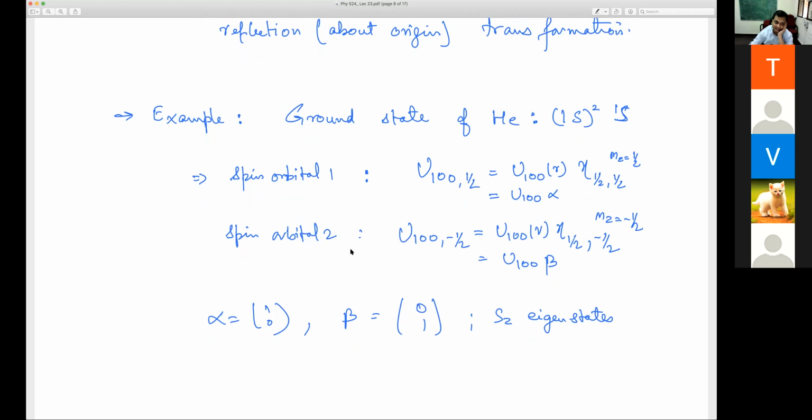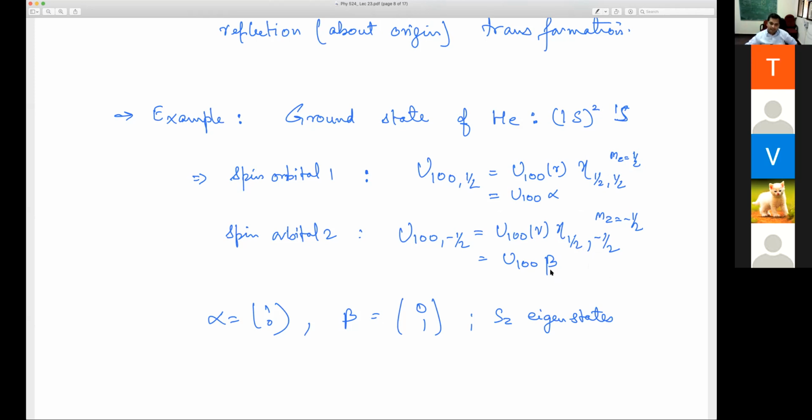For spin orbital 2, I can have U100 and half also. But I already know from the Pauli exclusion principle that if spin 1 is already plus half, then the other one has to be minus half. Otherwise the Pauli exclusion principle gets violated, and my wave function will collapse. So that is U100 radial part with chi minus half.